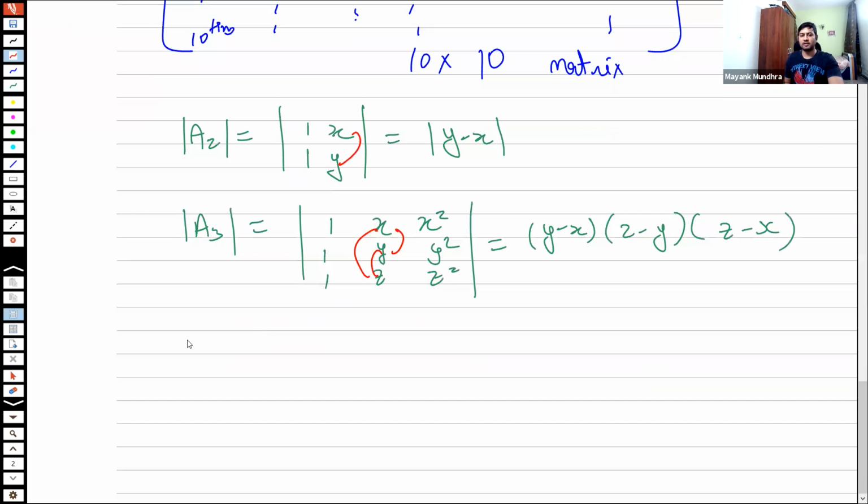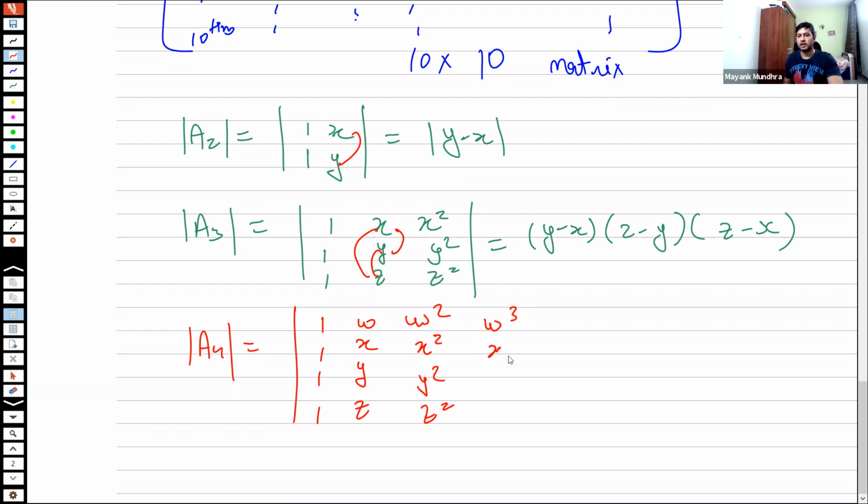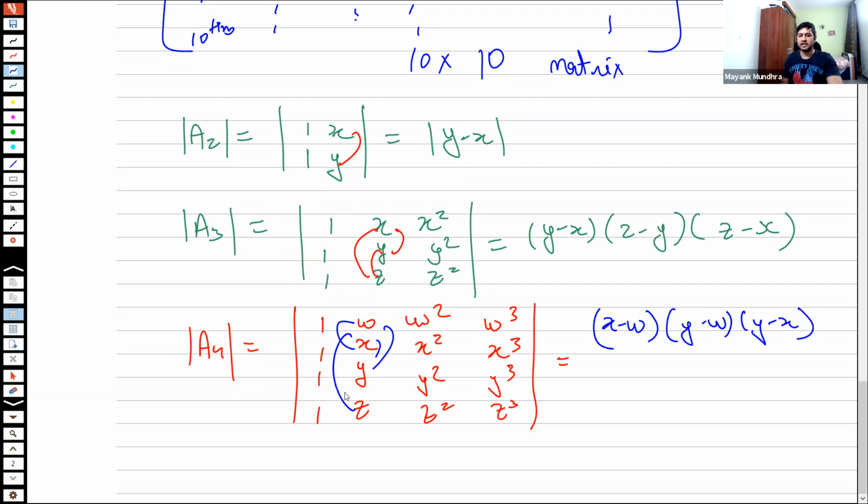So similarly, if you have, let's say, the determinant of A4, which is 1 1 1 1, let's say w x y z, w square x square y square z square, w cube x cube y cube z cube, then this determinant would be firstly x minus w, then y minus w, y minus x, and finally z minus w, z minus x, z minus y.